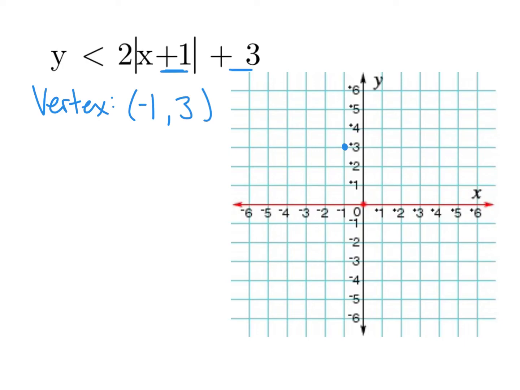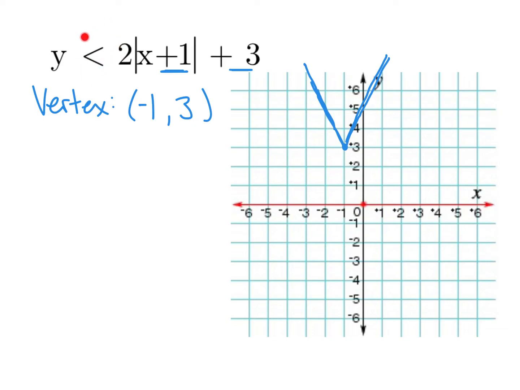Then, because the absolute value is being multiplied by that positive 2, that means the slope on the right side is going to be 2, up 2 over 1. And on the left side, it would be the opposite of that. So we would have something like this. Here is our V. Okay. Now, we do need to determine whether that V should be drawn with a solid line or a dotted line.